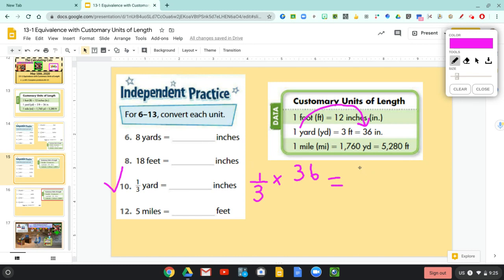So 1 times 36 is 36. And my denominator is 3. So I have 36 thirds, and we can also think of that as 36 divided by 3.